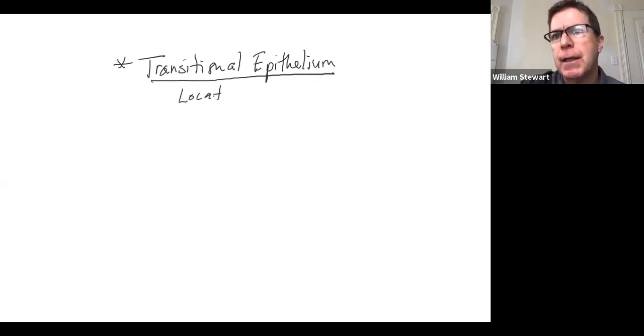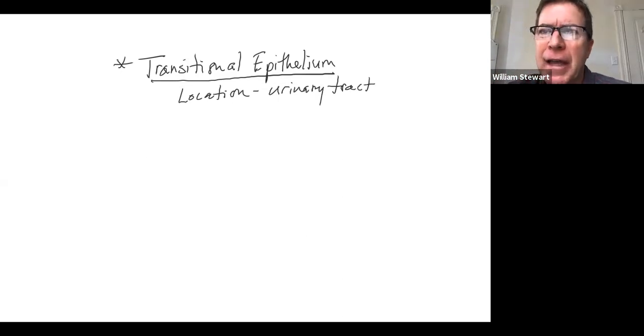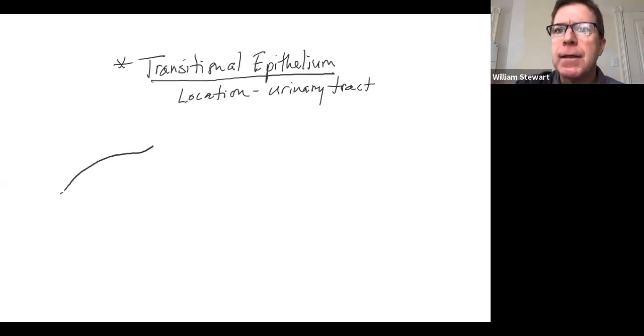We only find this in the urinary system. I'm going to write urinary tract. Things like the urinary bladder is lined with this type of tissue. The ureters, they're the tubes that lead from the urinary bladder to the urethra, or from the kidneys to the urinary bladder. So in these tubes and in the bladder itself, we find these cells.